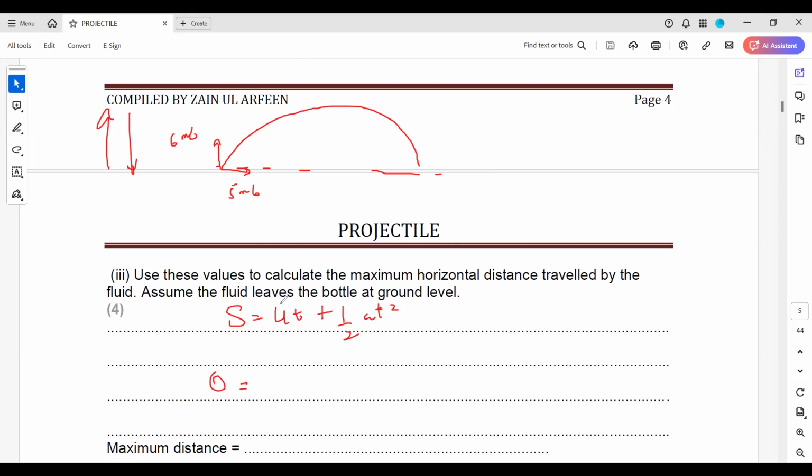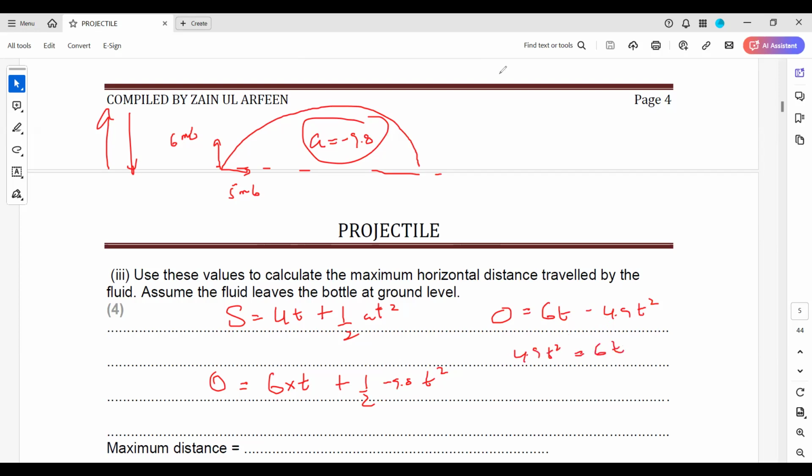So in this case, the initial velocity I will consider as the vertical velocity, times t, plus half. And whenever a complete motion is there, the expression is always negative, so we put minus 9.8 t square. Now we simplify this. So 0 equals 6t minus 4.9 t square, because 9.8 divided by 2 is 4.9. Move 4.9 t square to the other side, so 4.9 t square equals 6t.